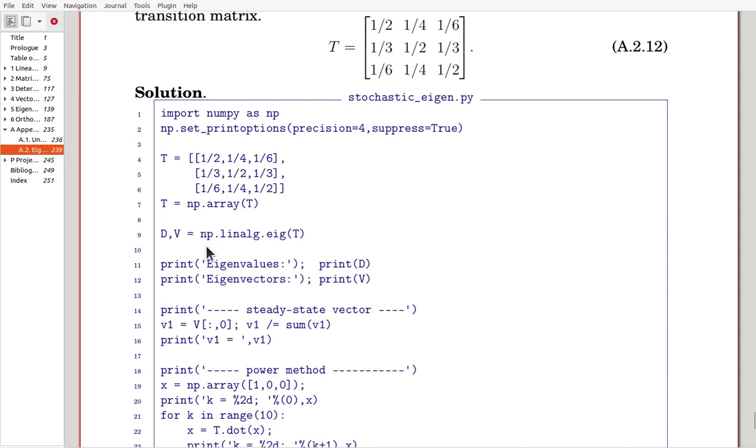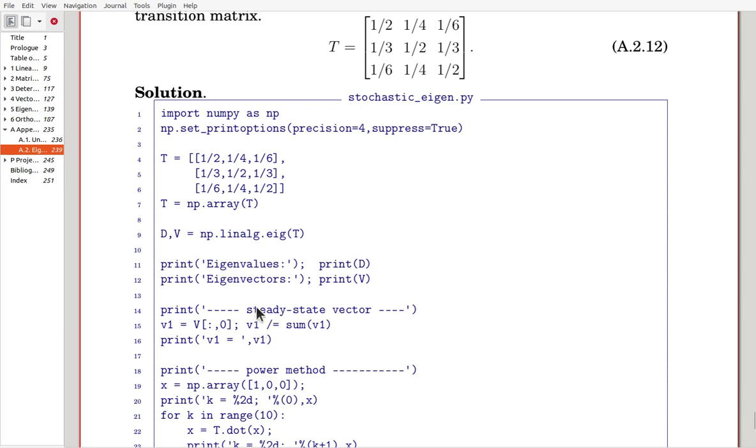From the eigenvalues, the first eigenvalue will be 1. The largest eigenvalue will be 1, and the corresponding eigenvector will be the first column of V. So we choose the first column and scale it by its sum, so that V1 will become a probability vector.